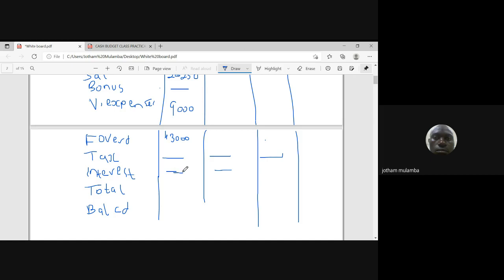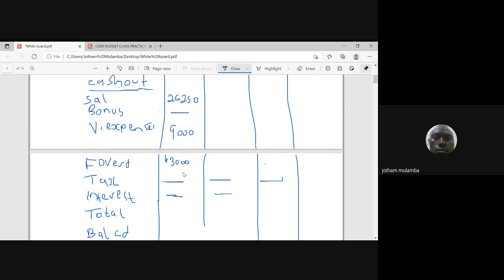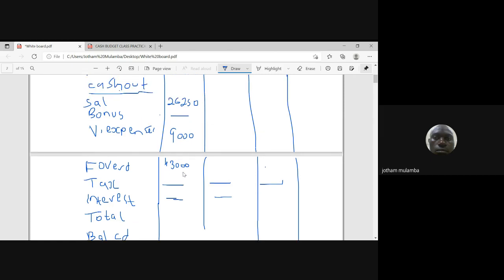And now get the total cash outflow. 78,250.